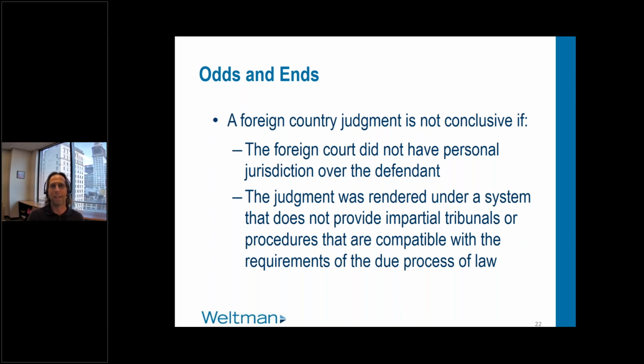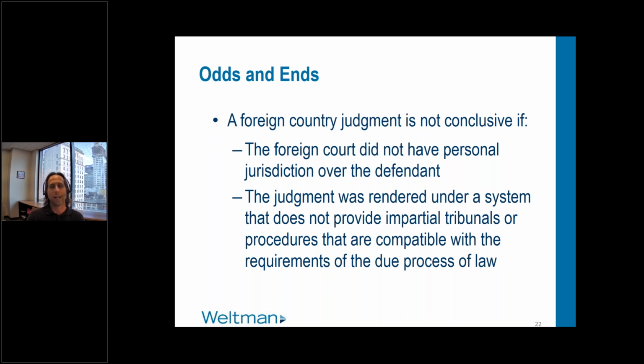I've never had any communication, correspondence, or any connection with Latvia whatsoever. Well, there's a pretty good argument that that court never had personal jurisdiction over the defendant, and that would certainly be a good defense to the enforcement of that foreign country judgment.